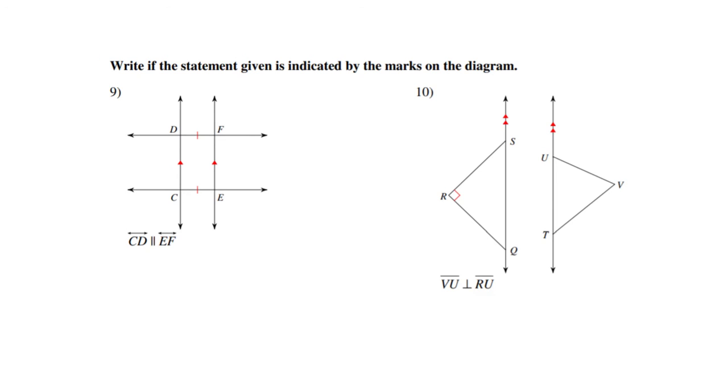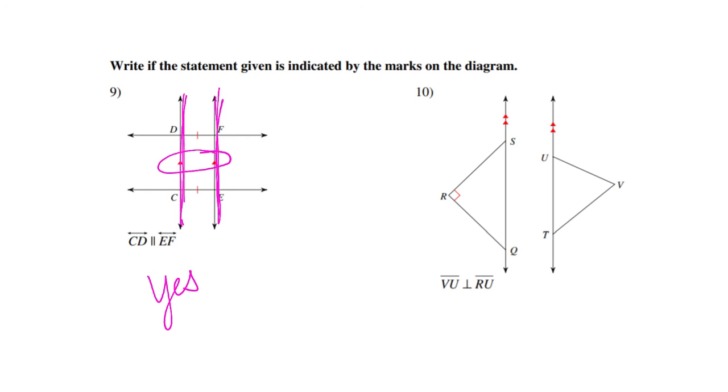These are a little bit different. It says, write if the statement given is indicated by the marks on the diagram. So line CD is parallel to line EF. For them to be parallel, they have to be marked with the little triangles, and as you see, they are. So line CD right here is parallel to line EF right here.